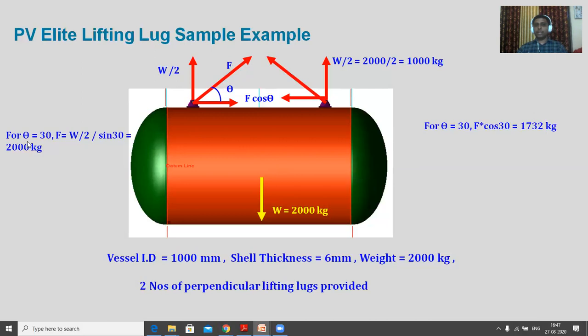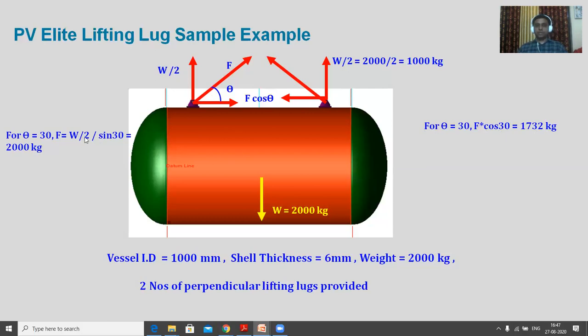This is how I'm going to calculate the value of the force F. And once F is known to me, F cos theta will give me the horizontal reaction. So W by 2 divided by sine 30 into cos 30 will be the reaction in the horizontal direction. So F cos 30 is nothing but 1732.